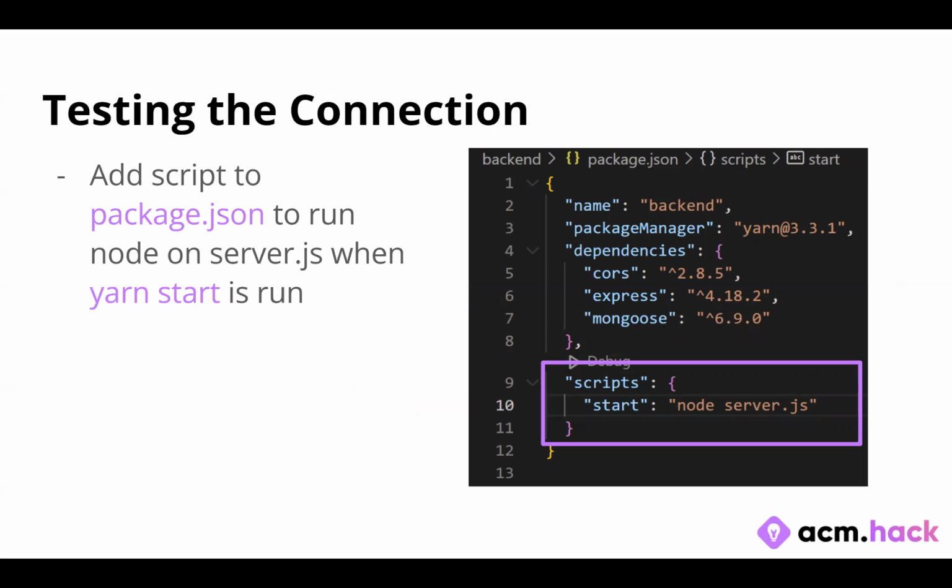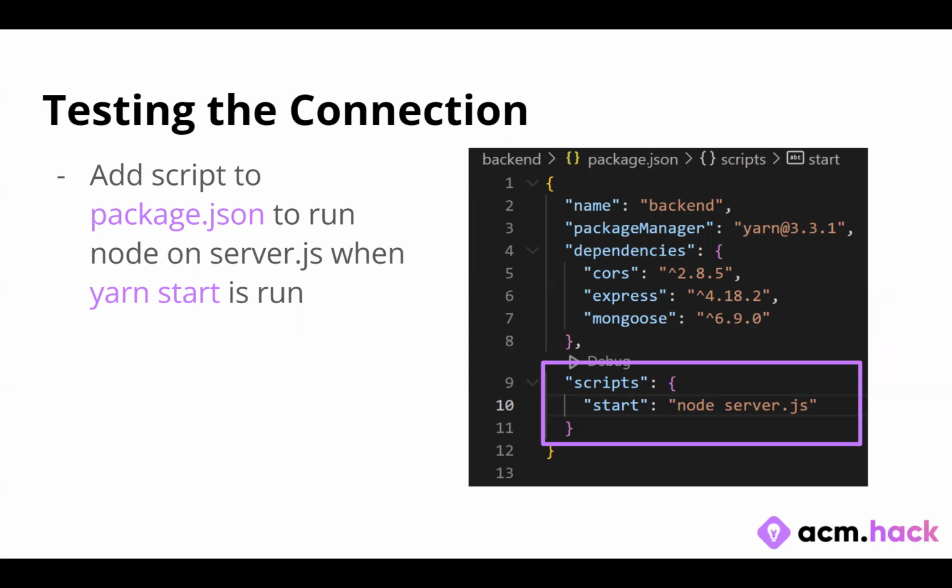Anyway, now we're going to test our connection. We want to see connected to DB, right? That is what we want at the end of the day. Many of you have possibly used NPM or Yarn, and typically I write yarn start. Well, it doesn't work if you don't add a script that says what to do when I run yarn start. What I'm actually doing is running node on server.js.